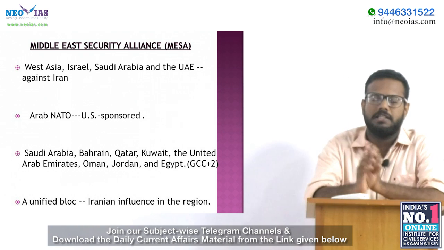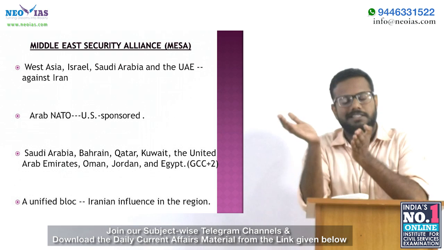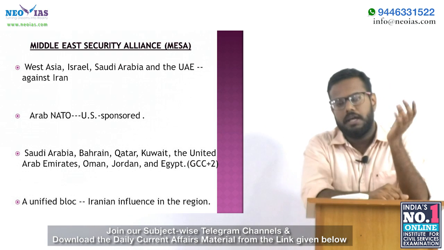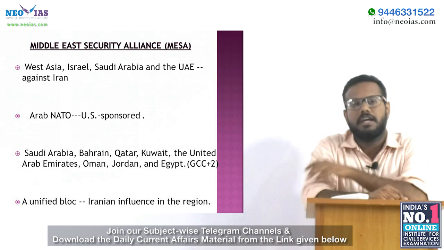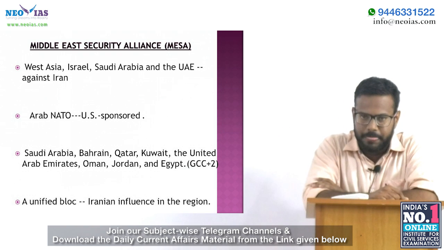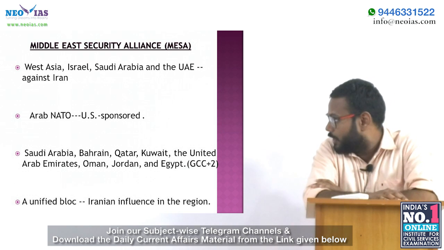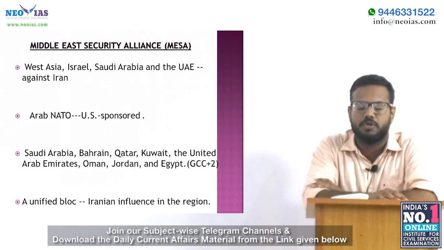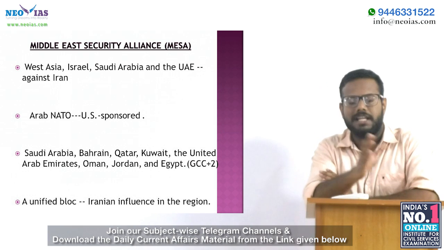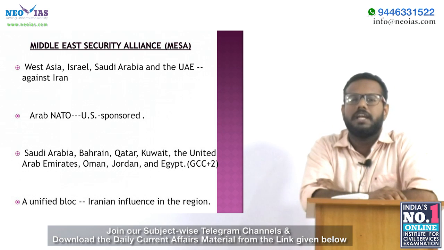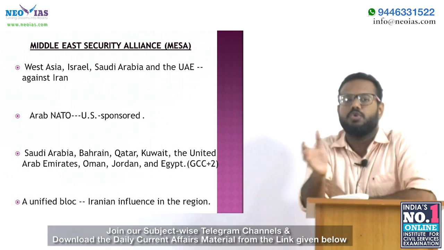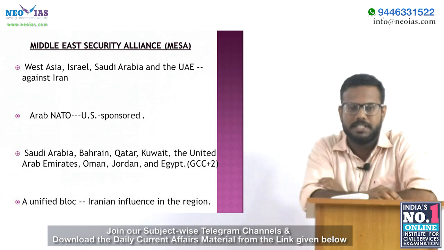So, we can say the membership of MESA is GCC plus 2. So, the news is about the Middle East Security Alliance, MESA: a US sponsored security alliance of Middle Eastern nations against the stronghold of Iran, with members including GCC countries plus Jordan and Egypt.